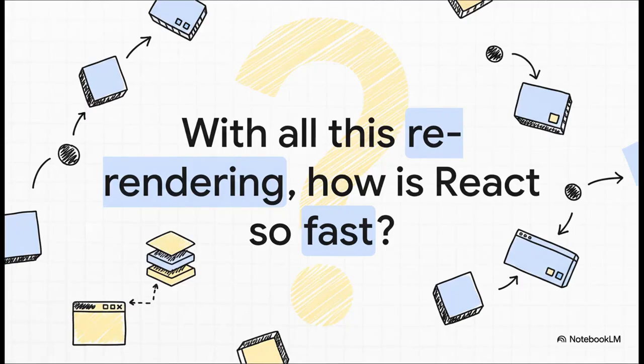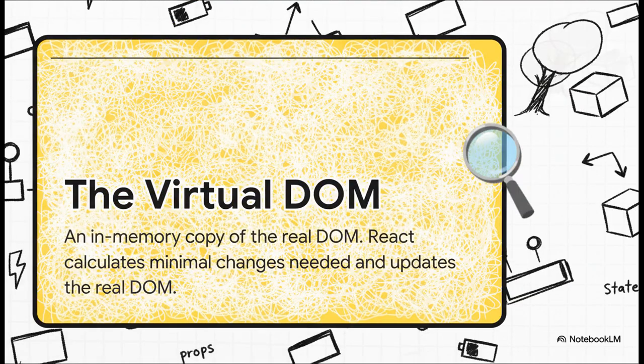But this whole idea of re-rendering brings up a really important question. If we're constantly changing state and components are re-rendering all over the place, why doesn't the whole thing just grind to a halt? How is React so darn fast? The answer is React's secret weapon, something called the virtual DOM.